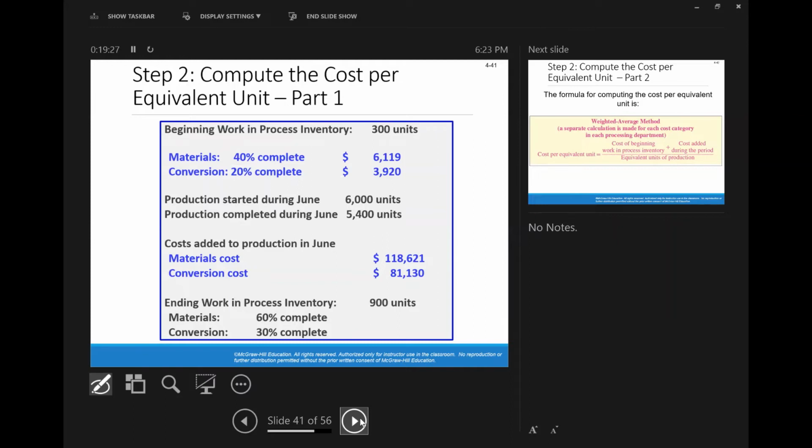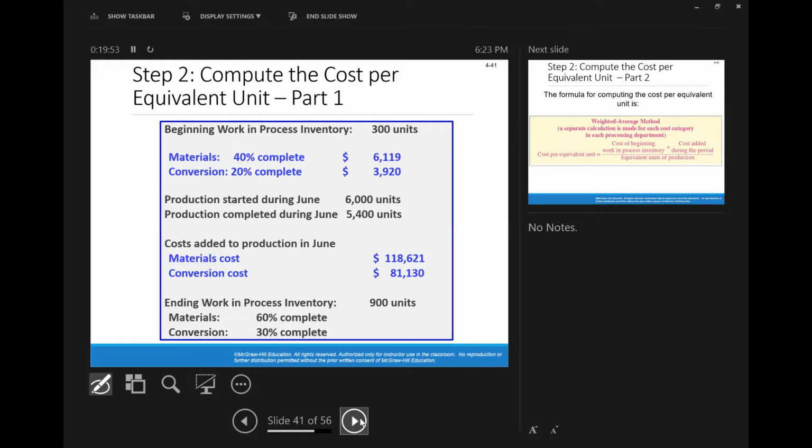So the cost added to the production in June. So when we had that ending work in process, when we calculated those percentages times the number of units that were left in there, that gave us our equivalent units. We would calculate out, if we knew per unit what the cost was, to come up with these total costs that were already in the production process coming into the new period.